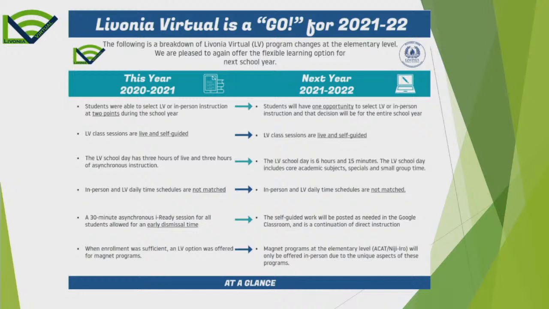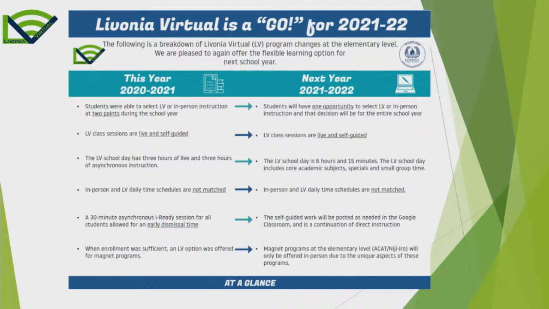One of the areas this year we were able to offer at ACAT, but we were not able to offer at Niji, but we've made a commitment to next year we're not going to be offering Livonia Virtual for our ACAT or Niji families. We've met with administration and staff at both of those schools as we spoke last month, and we just cannot replicate, duplicate, imitate the intent of those programs in a virtual world.